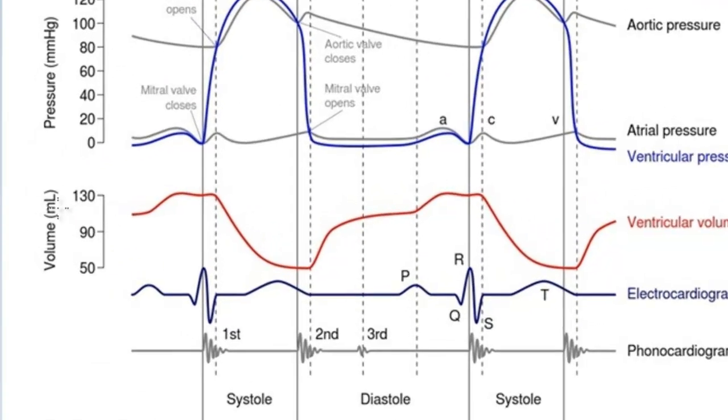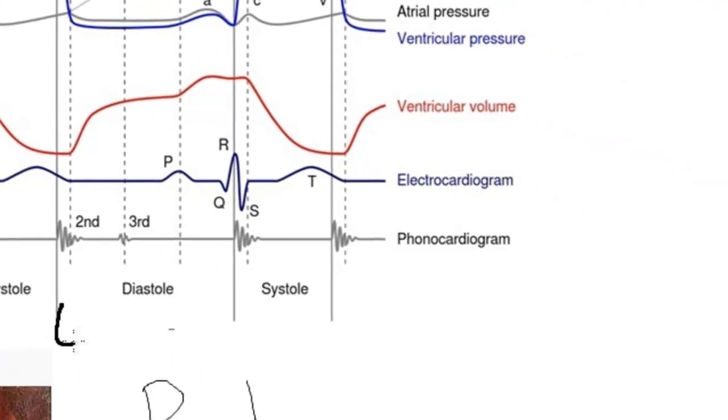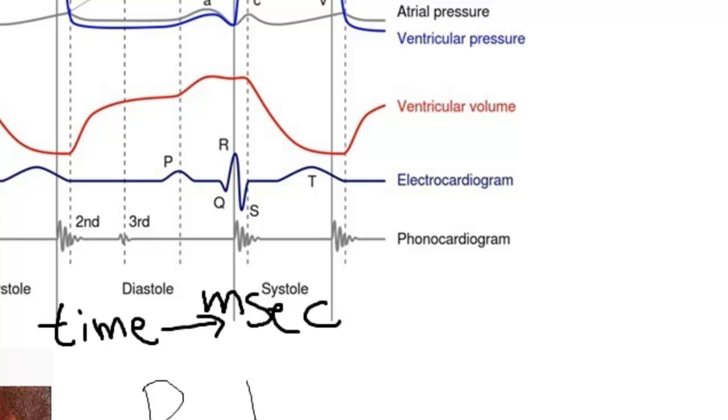This over here is volume, over here is pressure. Whenever you see a graph, look at the x-axis. It's not labeled here, but I'll tell you it is time going this way in milliseconds. And over here we got volume, over here we got pressure, over here we got the EKG and heart sounds. So let's look at the volume first.